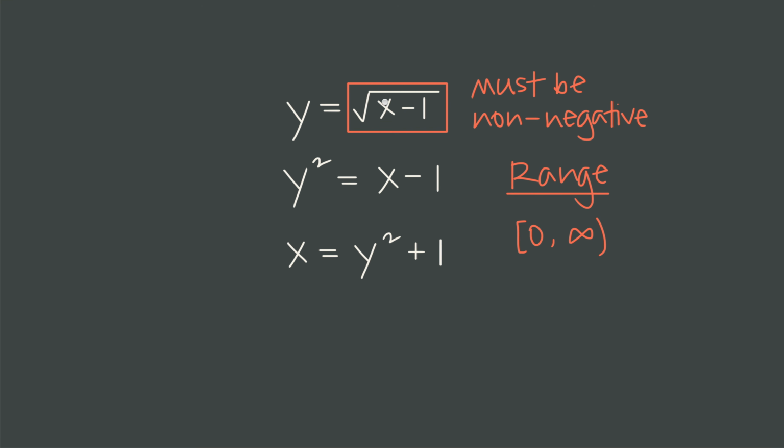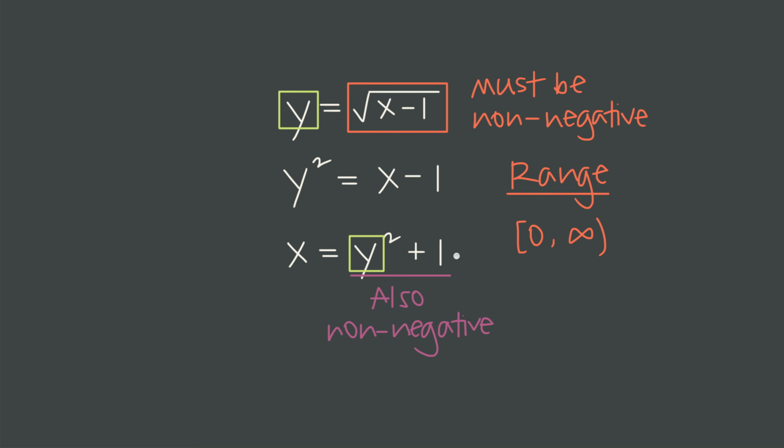But then, having solved the function's equation for x, we see that we have x equal to this expression in y. We know that y has to be non-negative, and when we square a non-negative value, we're again going to get a non-negative value. And when we add 1 to that non-negative value, we'll still have a non-negative value.